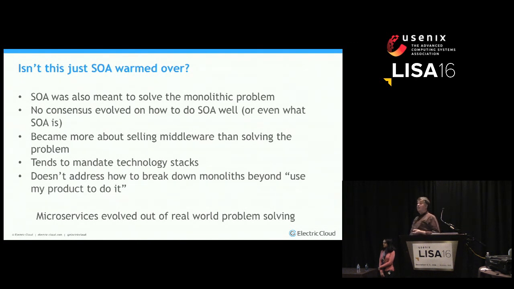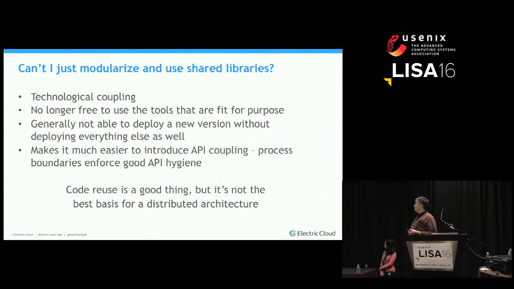There was a lot of lock-in associated with SOA because it was use my middleware, live in my ecosystem. Whereas I think microservices has really evolved out of real-world problem solving. So there are a lot of standards approaches, a lot of open source involved, and very loose coupling as opposed to tightly binding yourself to certain kinds of messaging implementations.